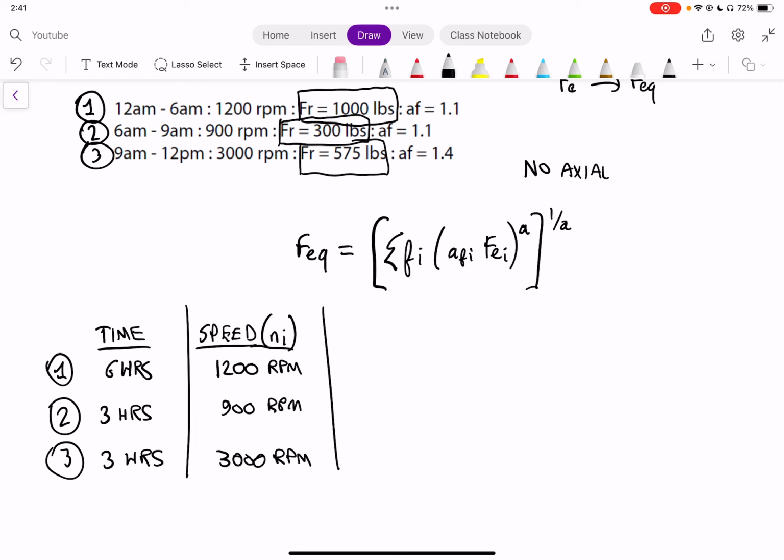The next thing we're going to write is our time fraction, and our time fraction is actually the term T sub i. So the next term we're going to look at is time fraction, and we're going to call this T sub i.